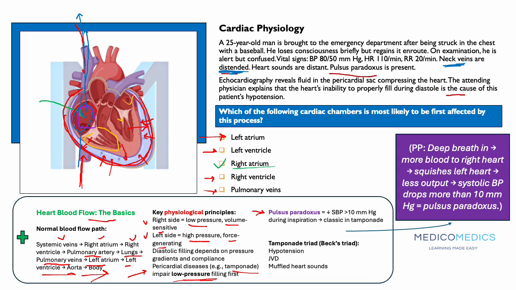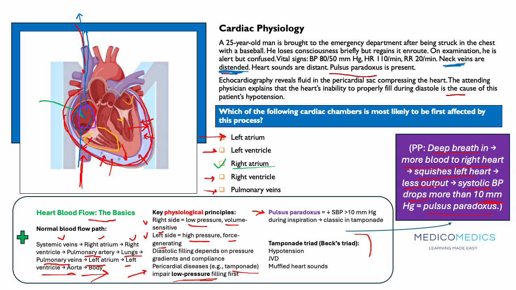It happens in conditions like this one, so cardiac tamponade, because the right side of the heart overfills during inspiration and pushes the septum into the left ventricle, reducing left-sided output. So you take a deep breath, more blood to the right heart, right? This squishes the left heart, less output. And if systolic blood pressure drops more than 10 millimeters mercury, we say Pulsus paradoxus.